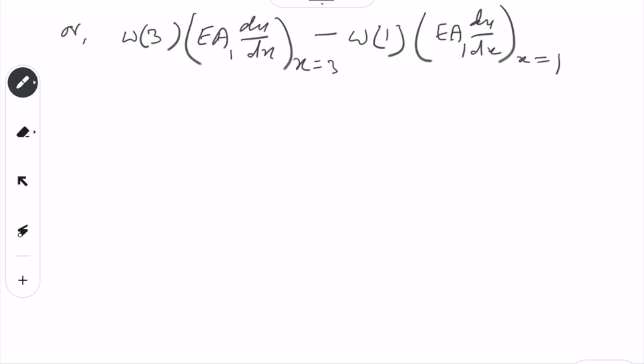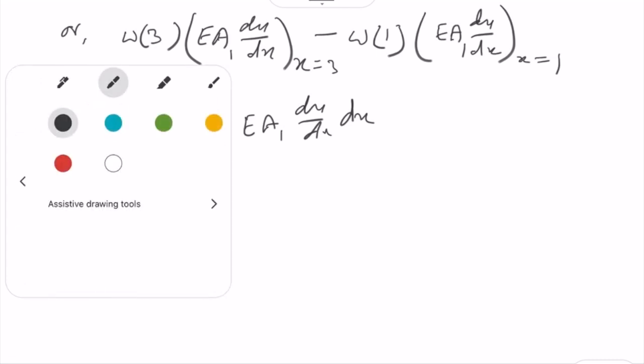Okay, so done. Then we have plus, and then we get 1, 2, 3, dw over dx EA1 du over dx. Fine. This should be minus. Okay, so yeah, it should be minus.